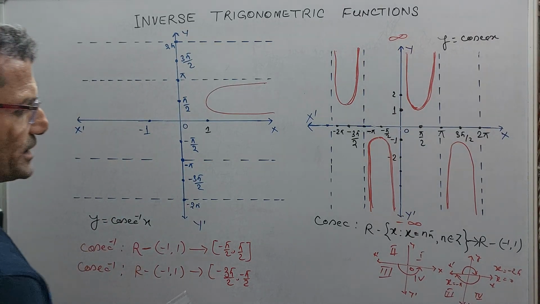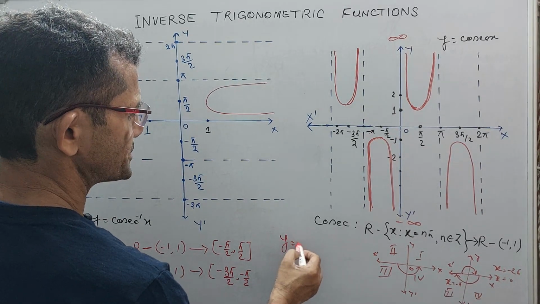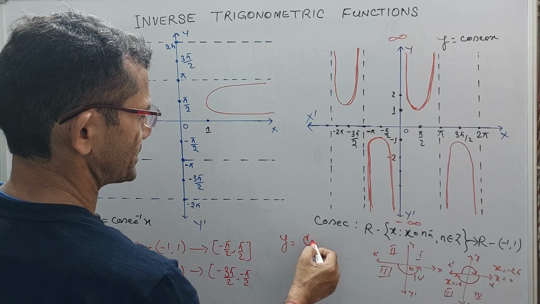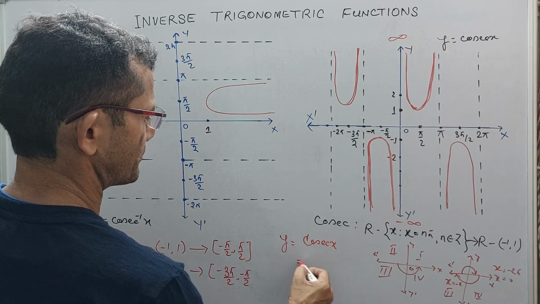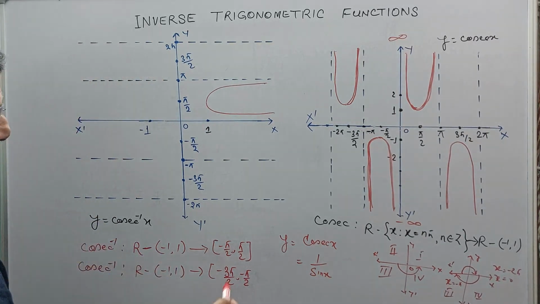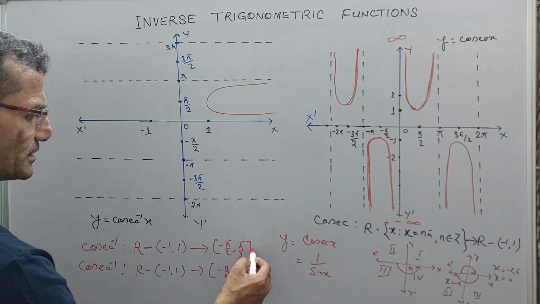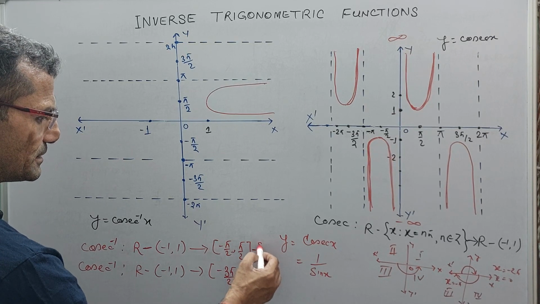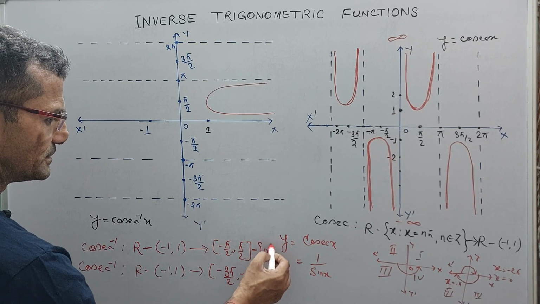So we already know that y is equal to cosec x is equal to 1 upon sin x, and sin x is not defined at 0 degree. So we have to exclude 0 angles from the range.